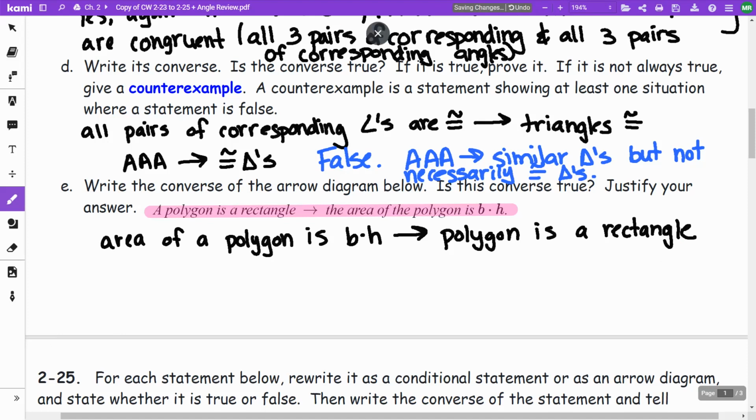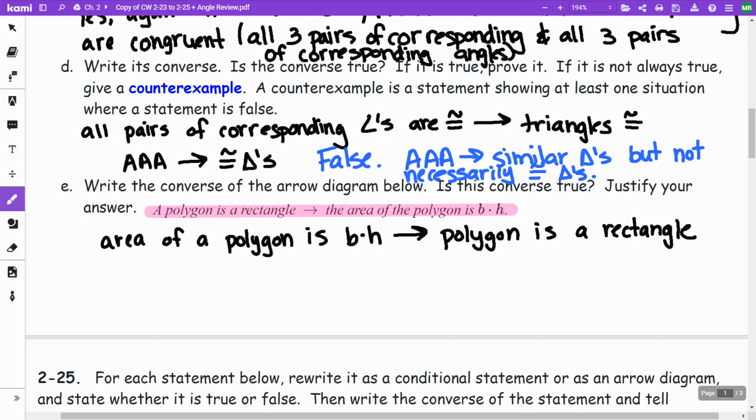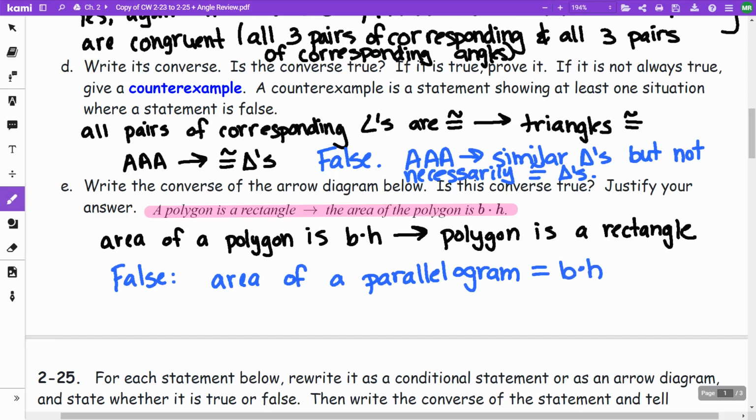And we want to decide if this is true or false. So are there any polygons that have base times height for their area that are not rectangles? I can think of one. So this is going to be false. Area of a parallelogram is equal to base times height. So doesn't have to be a rectangle.